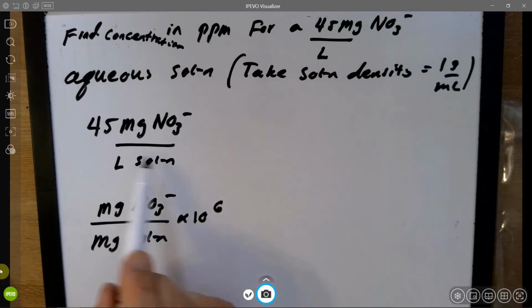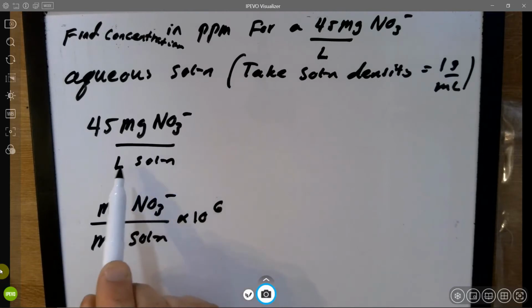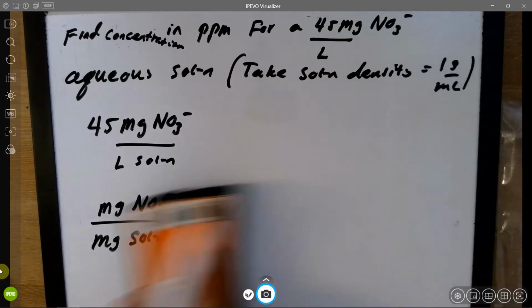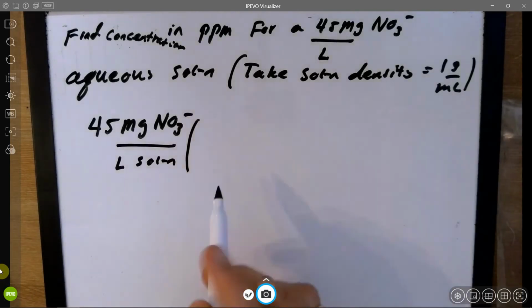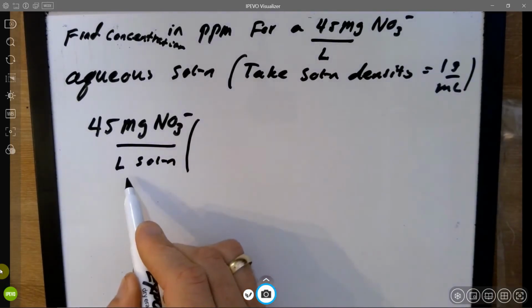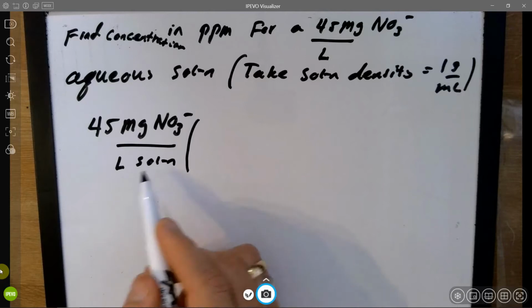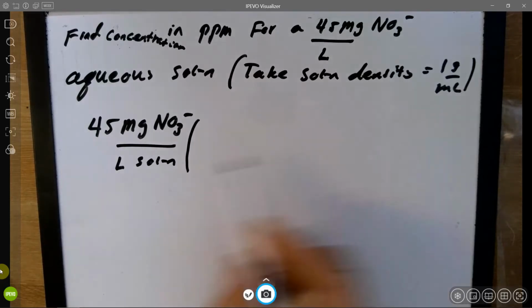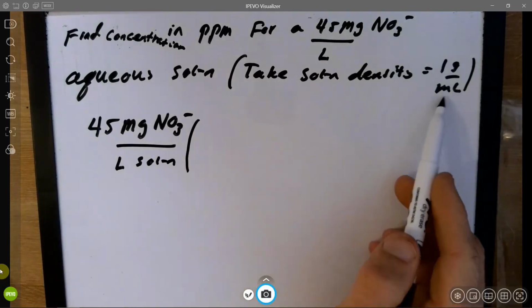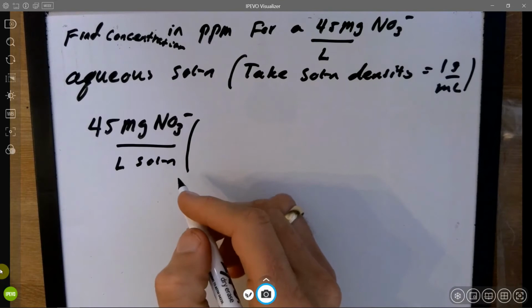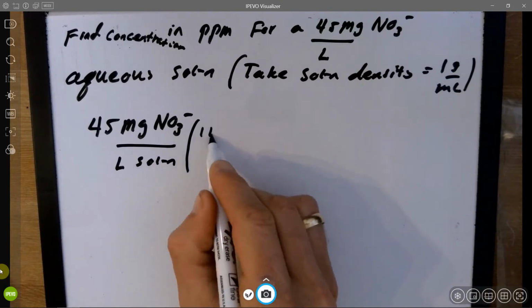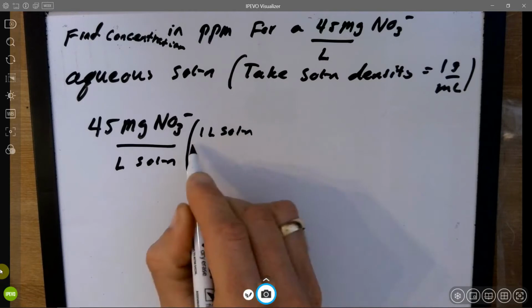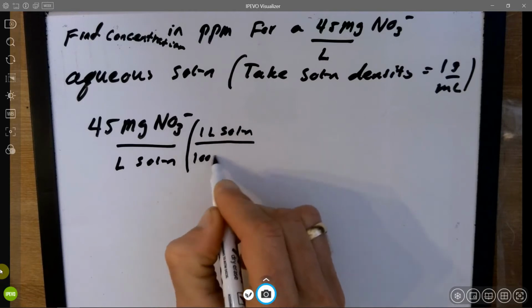So if you look here, I just have to convert the denominator to milligrams of solution. Alright, so let's do that. I give you the density of the solution, so you can convert from volume to mass. I give you liters, but the density is in milliliters. So let's convert liters to milliliters first. To get rid of liters, 1 liter of solution is 1,000 milliliters of solution.